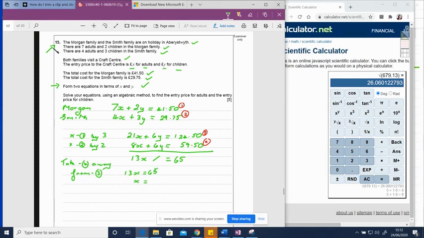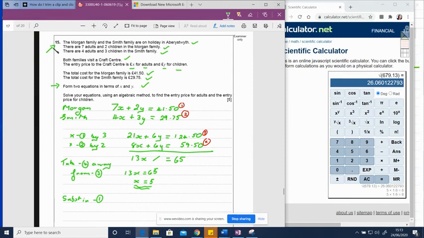So X is equal to 5. Now if I know X is equal to 5, I can substitute the value of X back in equation 1 to find the value of Y. So I'm going to substitute X equals 5 in that first equation.